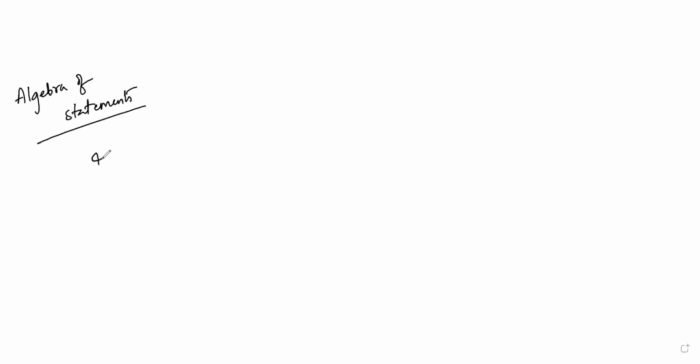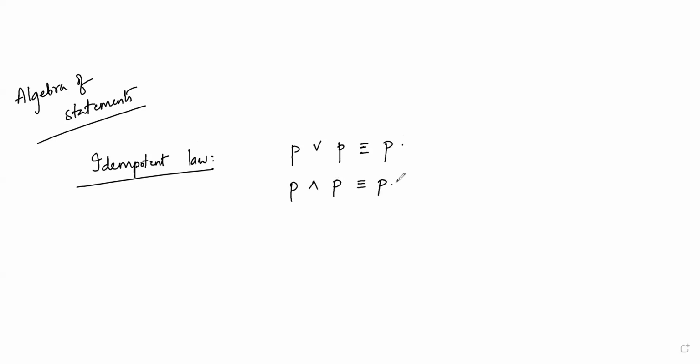The first one is the idempotent law. So P disjunction P will give you P. Similarly, P conjunction P will also give you P. This is the idempotent law. Next, you have the associative law, sir.